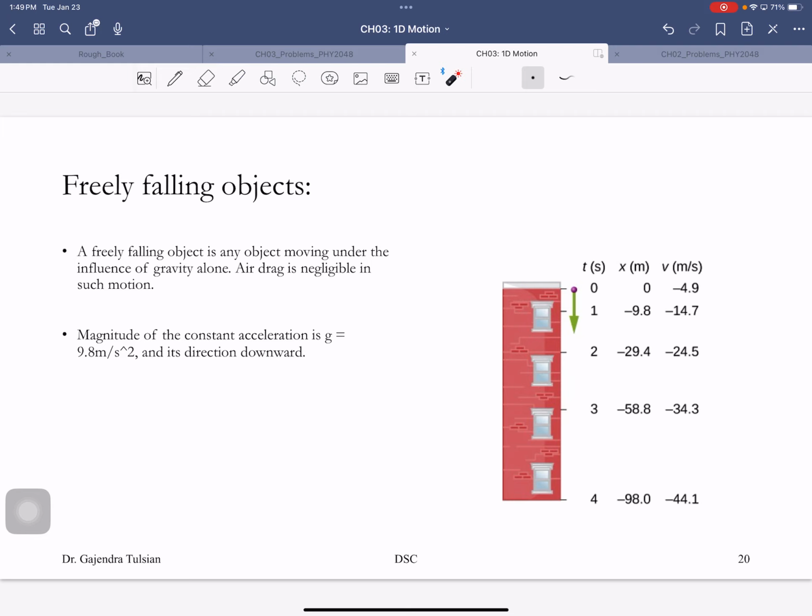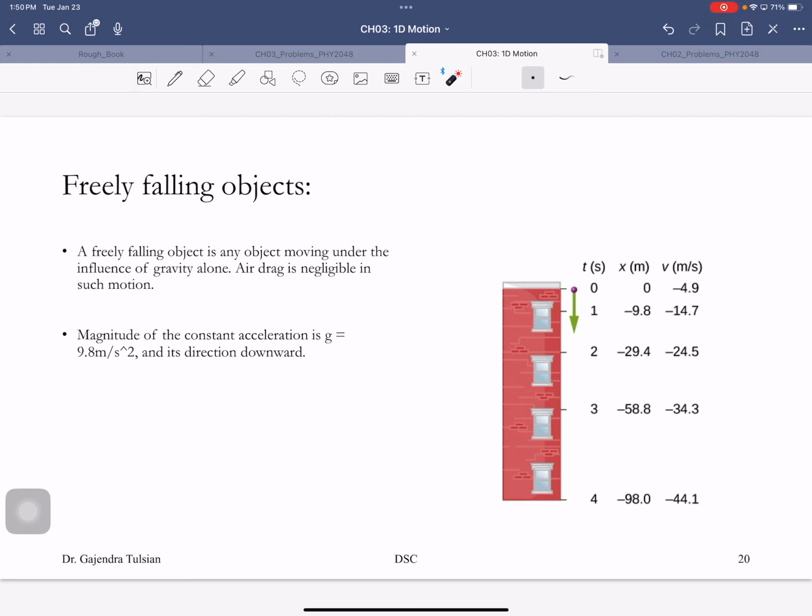So for instance, can you rip a piece of paper, my friend? All right, so I'm going to drop this keychain and this piece of paper. This was freely falling.